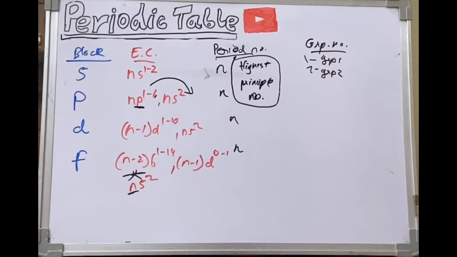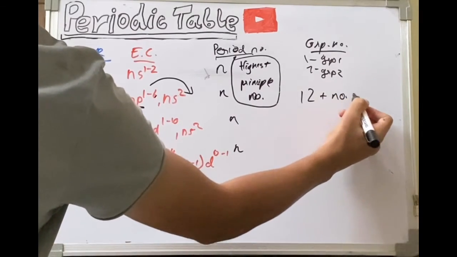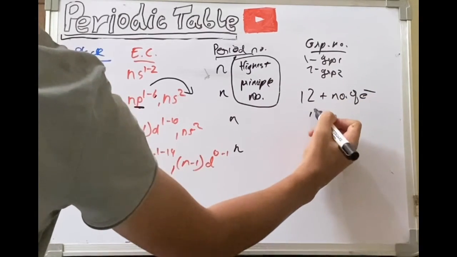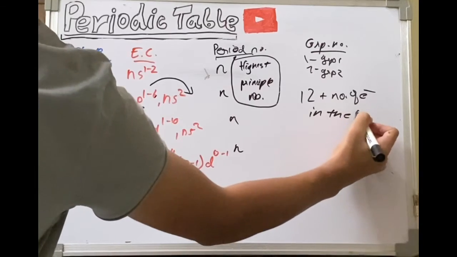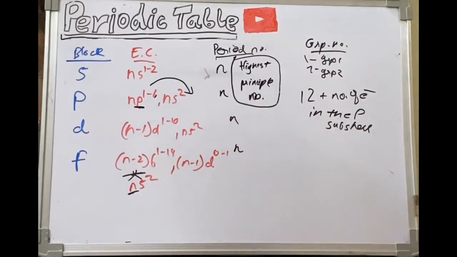So guys, to find the group number of P block elements, we simply use the trick in which we add 12 to the number of electrons in the P subshell. Now the logic behind this is, the P subshell starts filling after group 12.